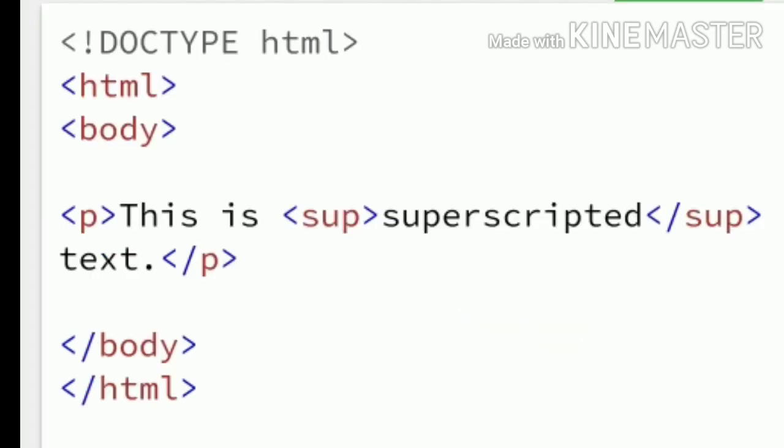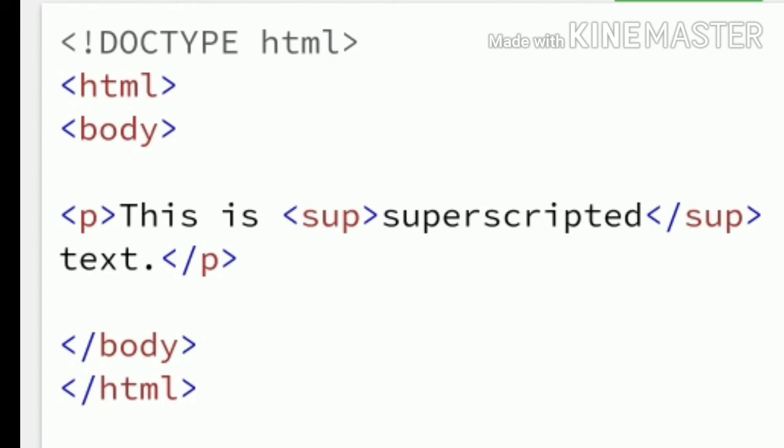What are those? B is given for bold text, strong for important text, i for italic text, em for emphasized text, mark text, small text, deleted text, ins for inserted text, sub for subscript text, sup for superscripted text. Now some differences between the strong and b tags.